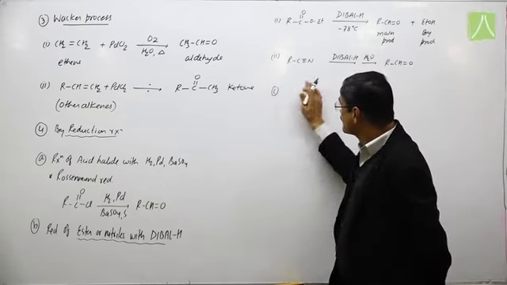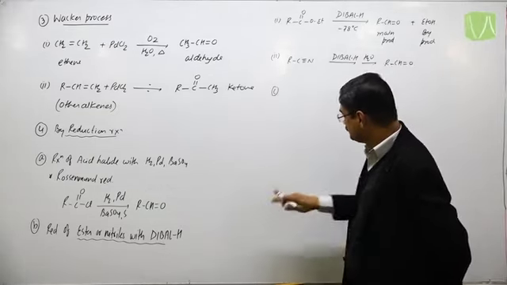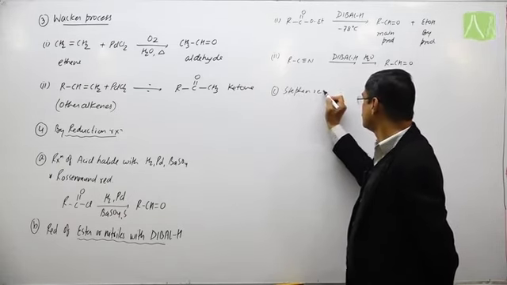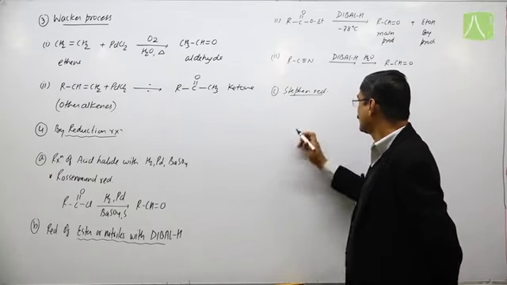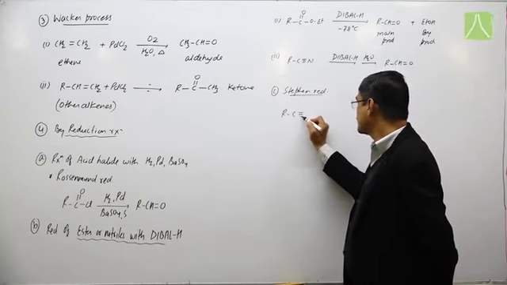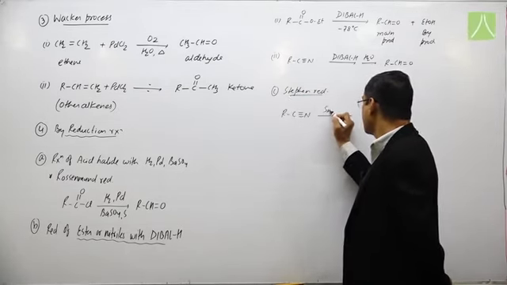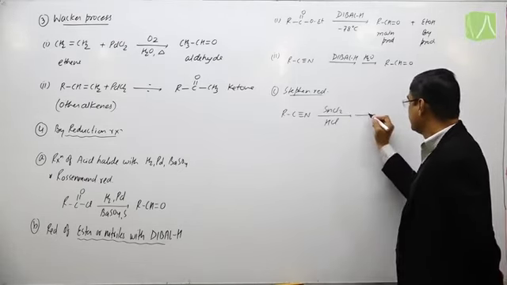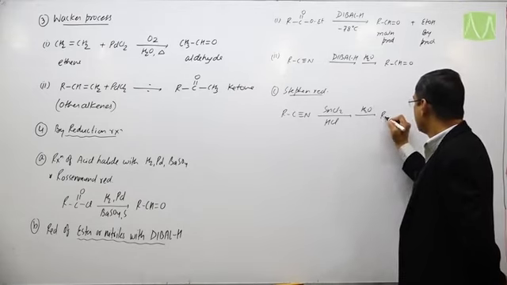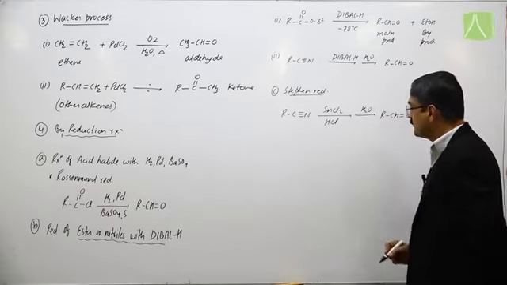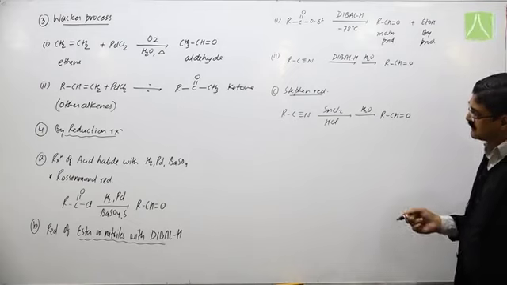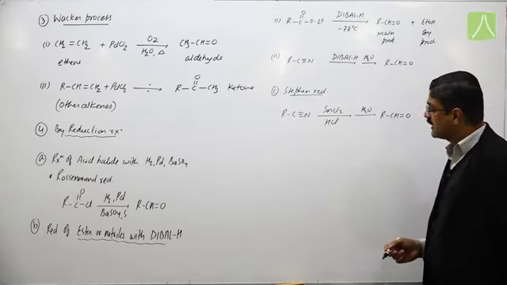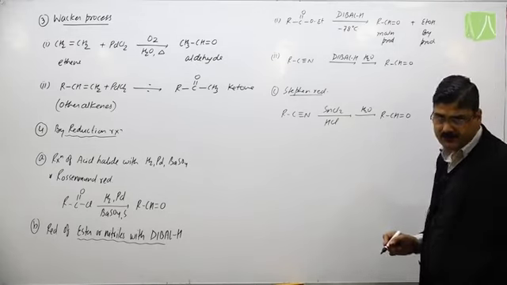Again, the next reduction may be Stephen reduction. In case of Stephen reduction, cyanide reacts with SnCl2 and dilute HCl. Then we get the aldehyde as a final product. So these are the reduction reactions: Rosenmund reduction, ester and nitrile reduced with DIBAL-H, and Stephen reduction.